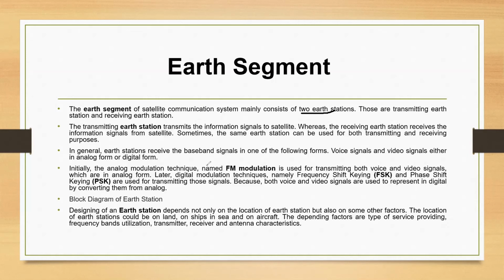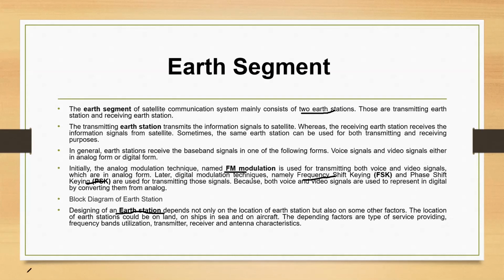The types of modulation used by the transmitting earth station are FM, FSK and PSK. The design of the earth station depends upon its location, whether it is on land, sea, or aircraft.